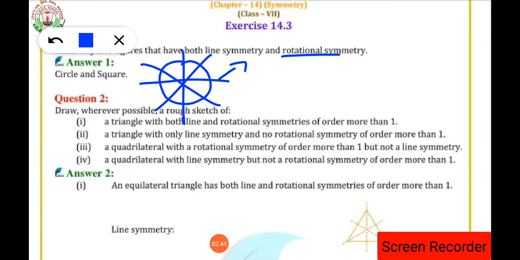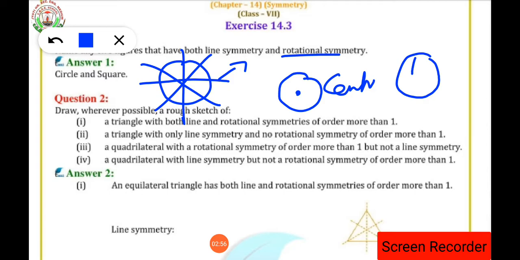Why is it so? Because a circle has a center. Yes or no? It has a center, so it has a center of rotation. Next, if we rotate a circle, a circle has quadrants, and whatever quadrant you want to do, you can do. Suppose we have 4 quadrants, that means 90, 90, 90, 90.